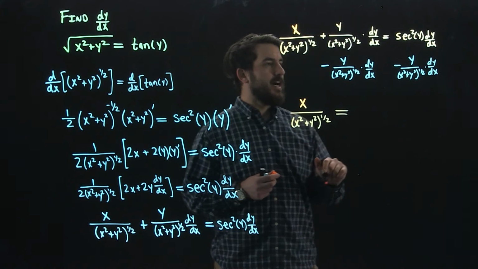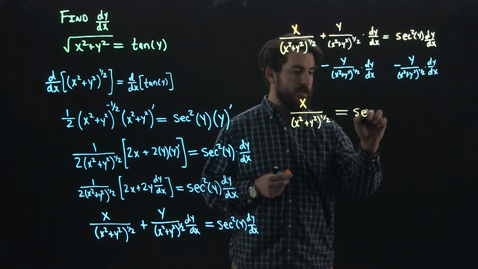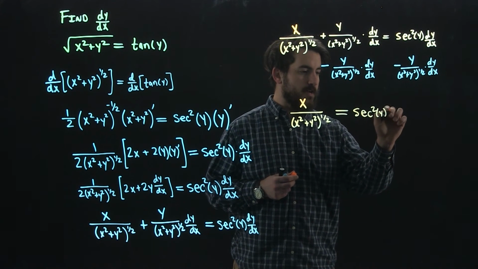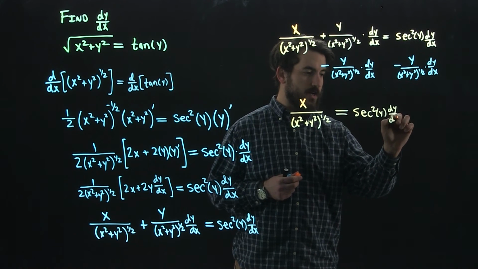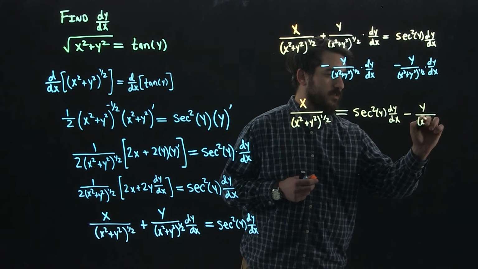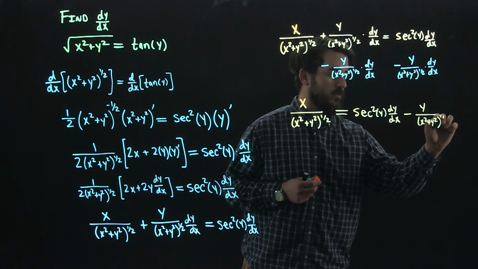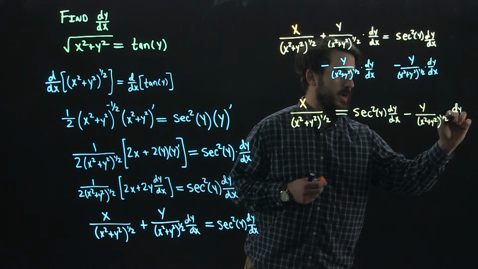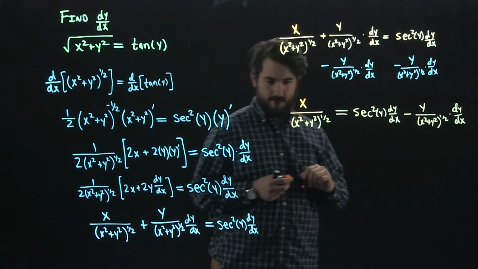The right-hand side is going to be secant squared y dy/dx minus y over (x squared plus y squared) to the 1/2 dy/dx.